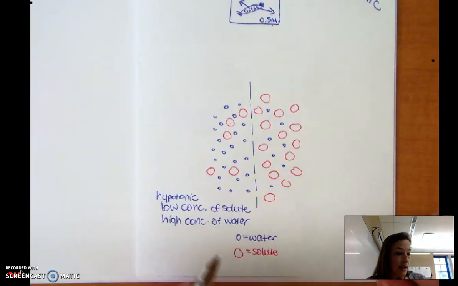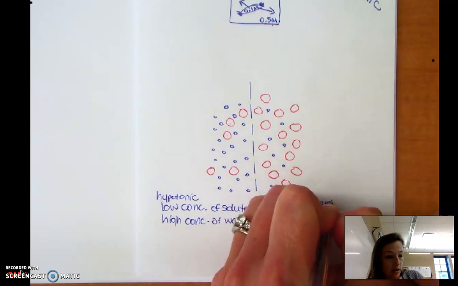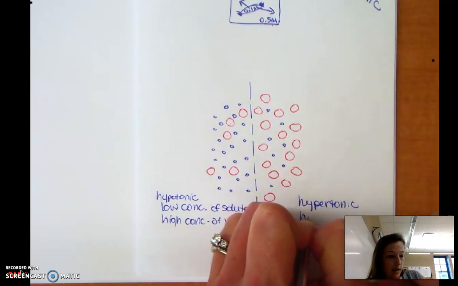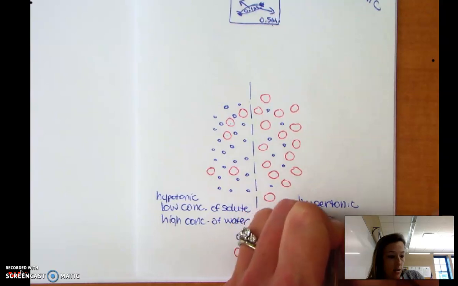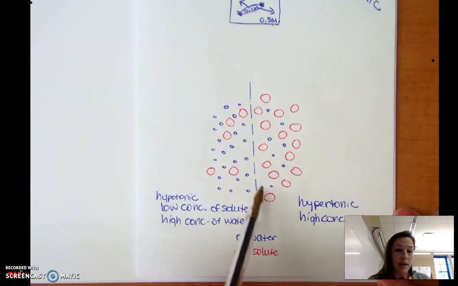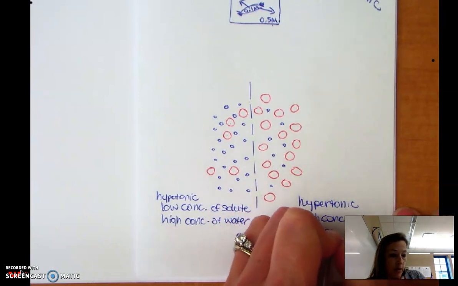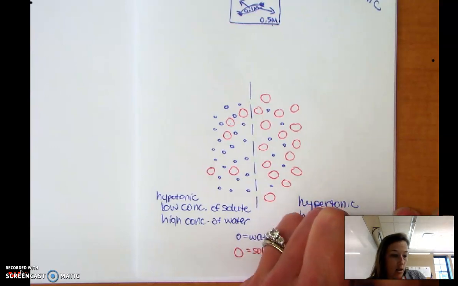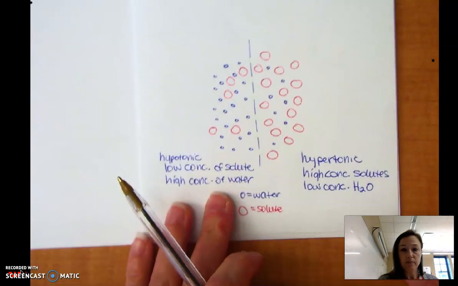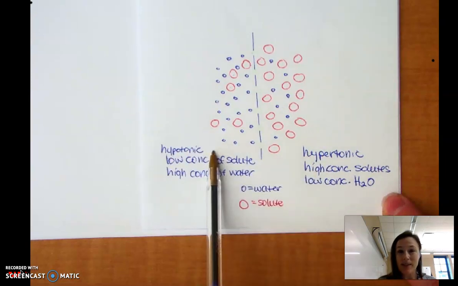All right, now let's look at this side. This side, we have a bunch of solutes, so it's hypertonic, which means it has a high concentration of solutes. Okay, and because those solutes are taking up more room, it doesn't have as much room for water, so it has a lower concentration of water. Okay, so basically when you have a hyper and hypotonic solution, they're always going to be together.